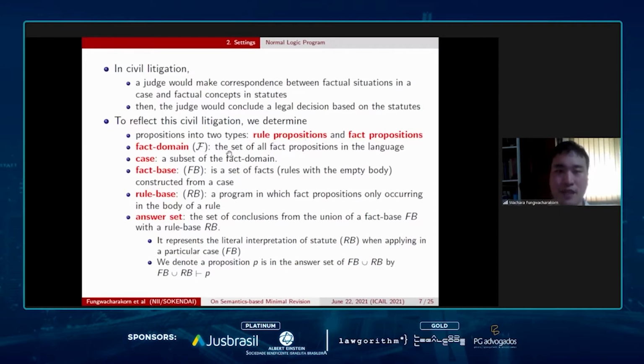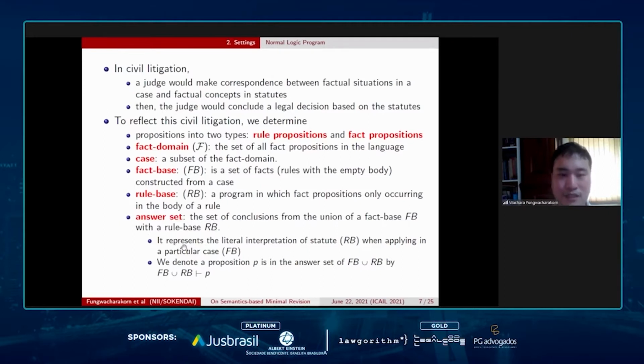The fact domain is a set of all fact propositions in the language, and the case is a subset of the fact domain. We define the fact-base and the rule-base as shown, and the answer set is the set of conclusions from the union of the fact-base FB with the rule-base RB.